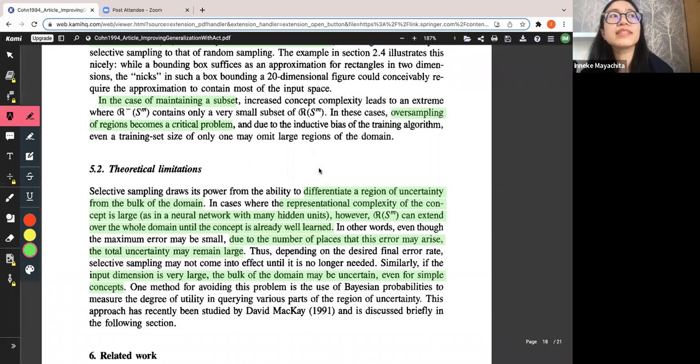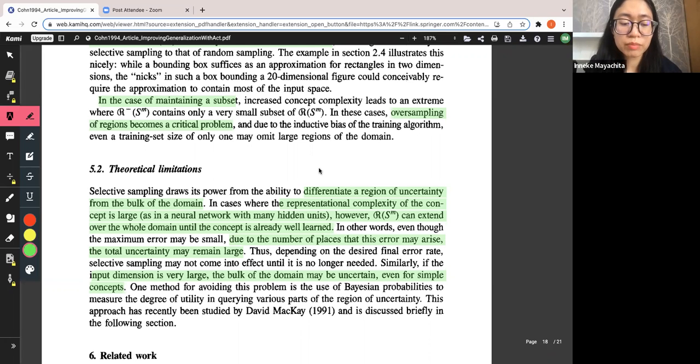We might need a bigger, more complicated network to learn that. Here they say we might need a lot of hidden units, or maybe a lot of hidden layers as well.